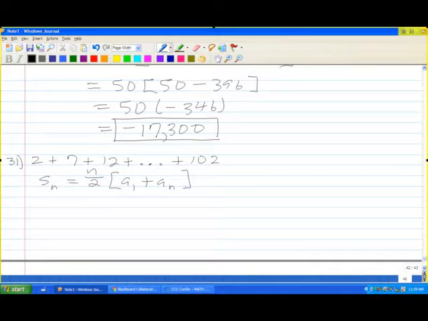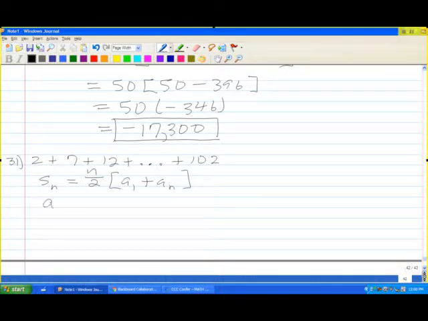Now you notice that I know the first term, 2, and the last term, 102, but unfortunately, I don't know n. So I'm going to have to figure out what n is. But we've done that before, back in section 15.3, I guess.